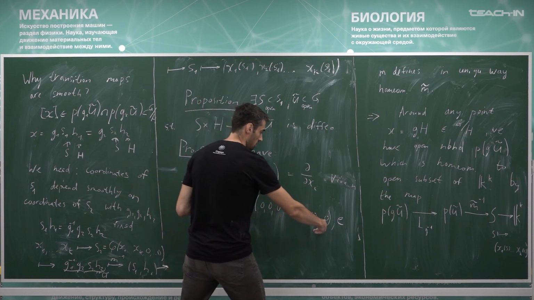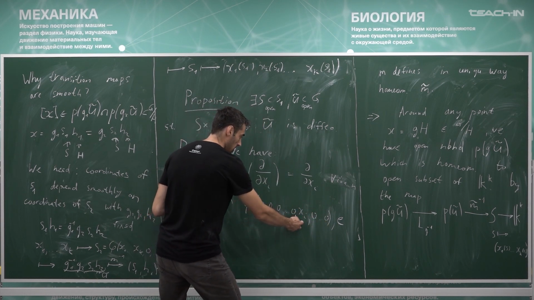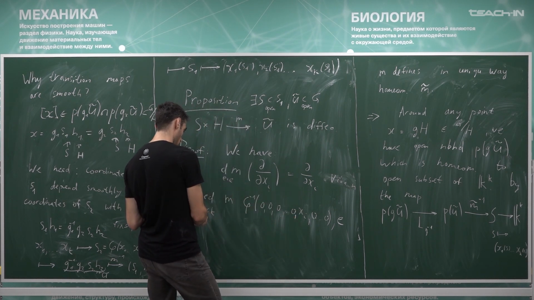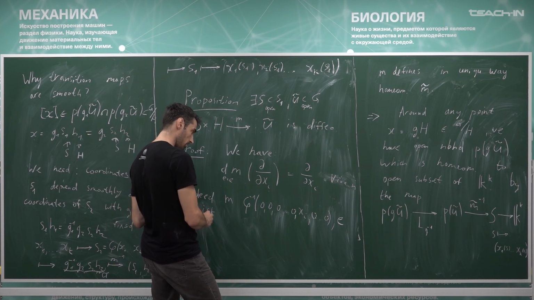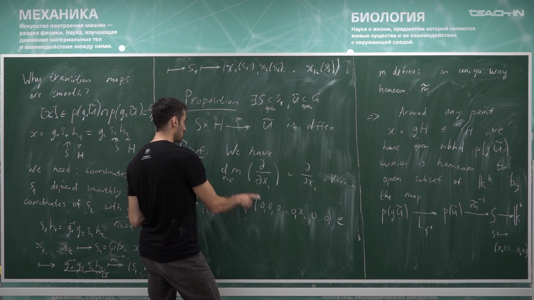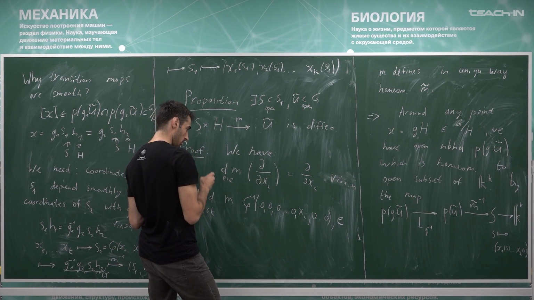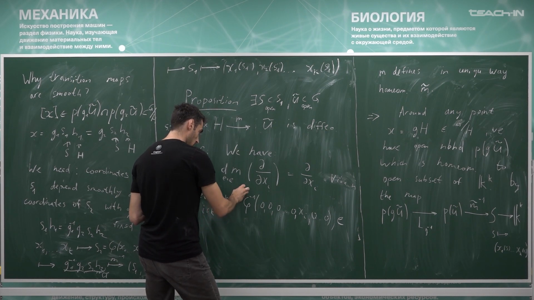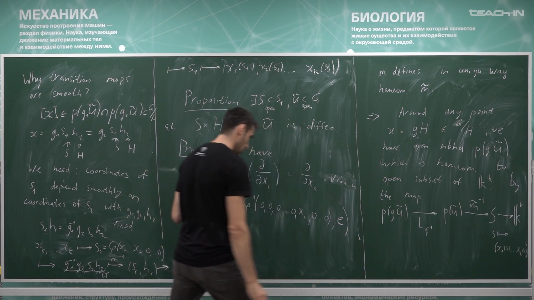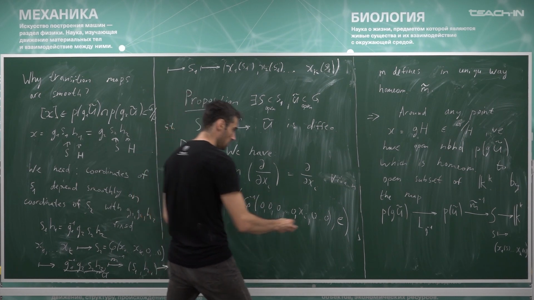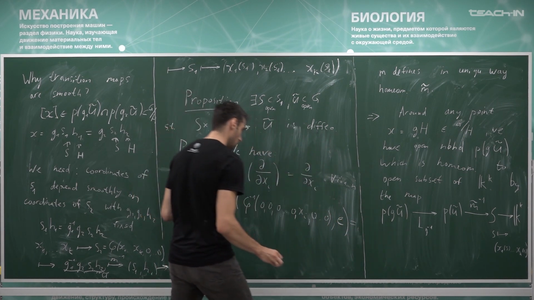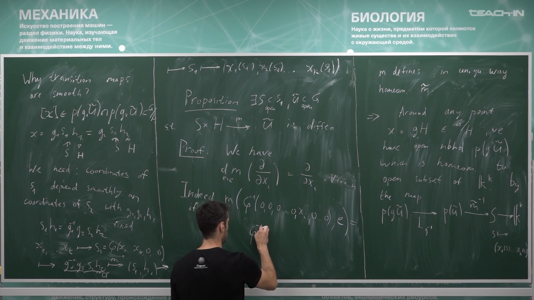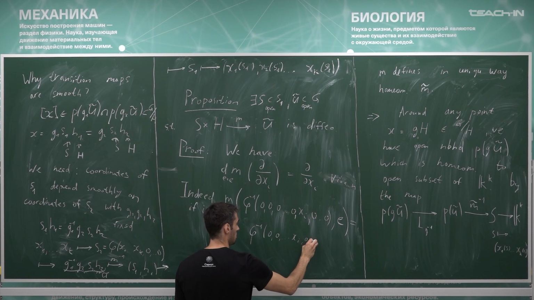The length of this sequence is n, but xi is on the ith place, which is less than k, so phi inverse will be in S. So this is in the first component, and then I take multiplication of this with e, which is the same as phi inverse of 0, 0, xi, 0, 0.